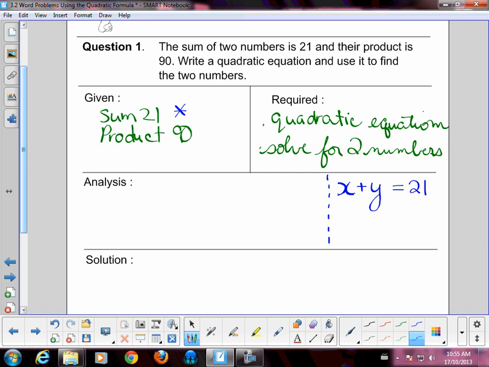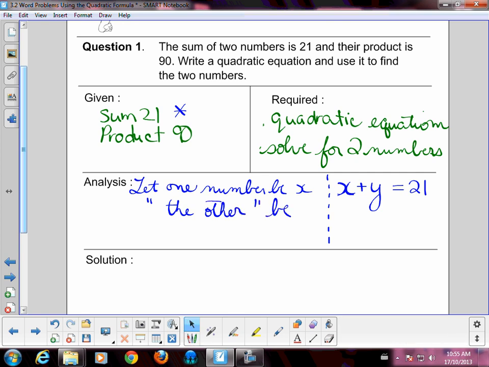So we're going to let one number be x, and the other number be y.